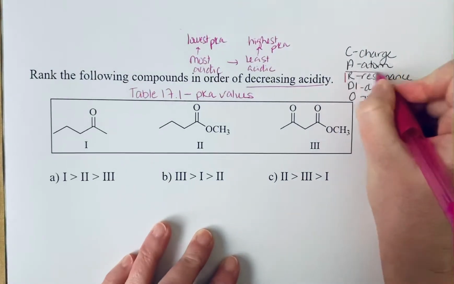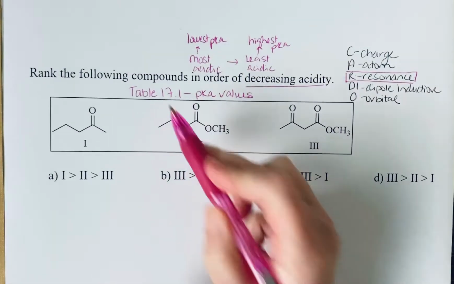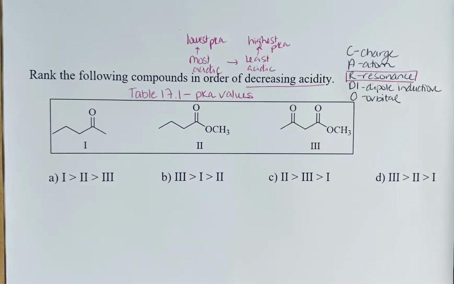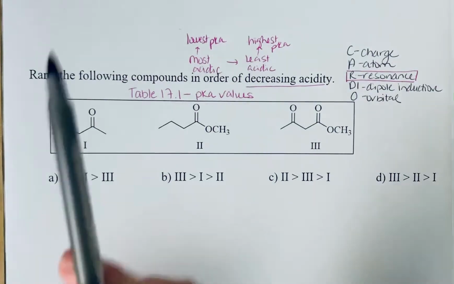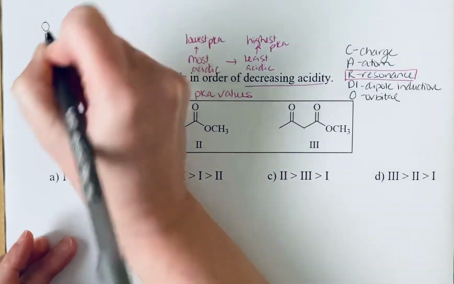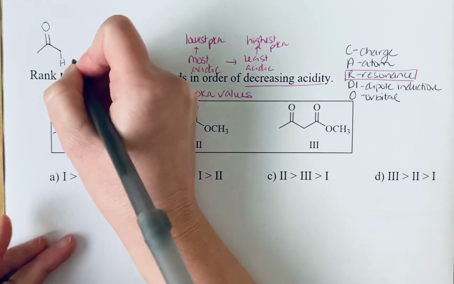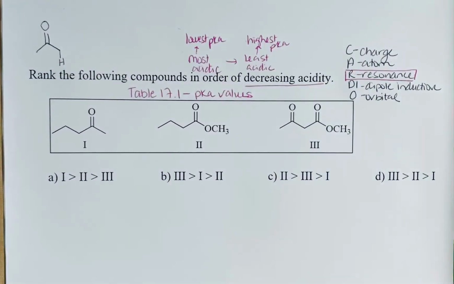What we're looking at here, and in all of chapter 17, that's why this is table 17.1, is alpha carbon acidity, so alpha to a carbonyl. If you have a hydrogen, and we're just going to draw a simple ketone like acetone, the hydrogen at that alpha carbon is more acidic than you would think, and that's because of resonance.